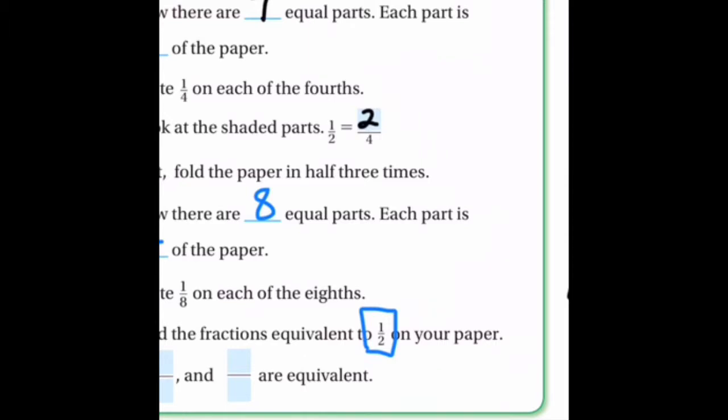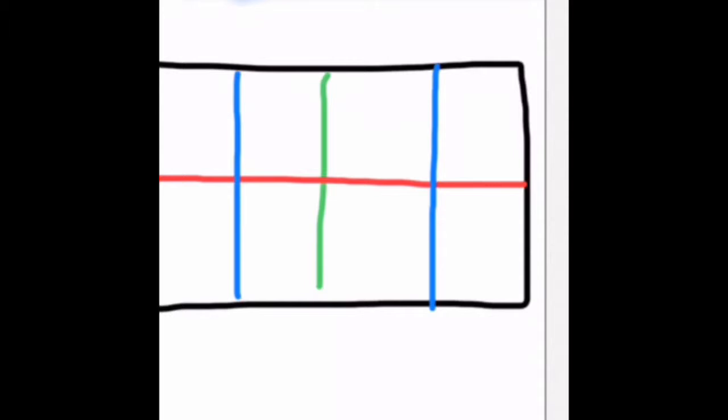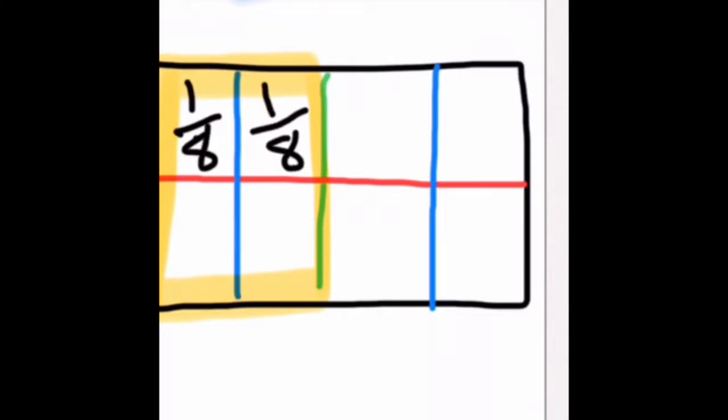And you can use the fraction strips that we built before, or if we look at this, I'll highlight 1/2 in yellow. Here's 1/2 of the paper right here. How many eighths is that? Well, sorry about that. Let's go to a pen. There's 1/8. Here's an 1/8.